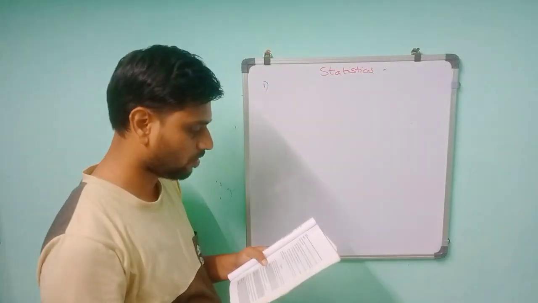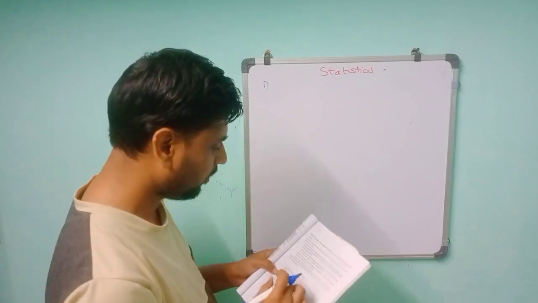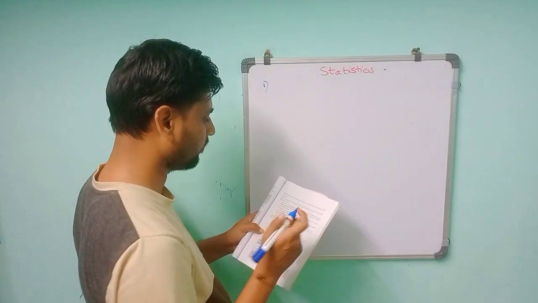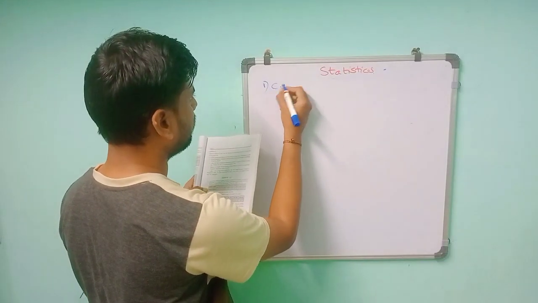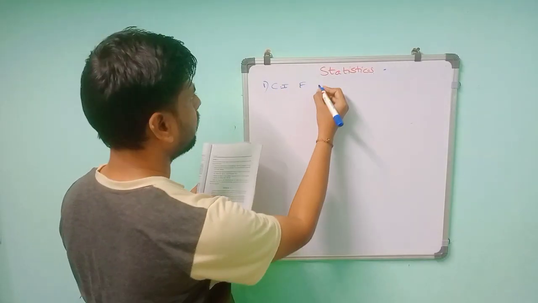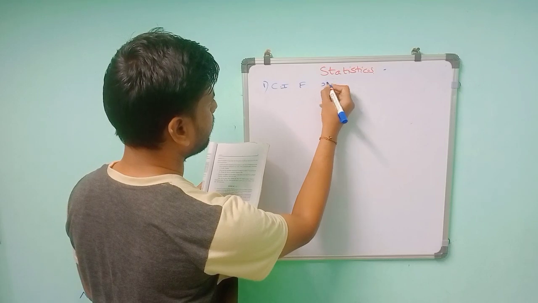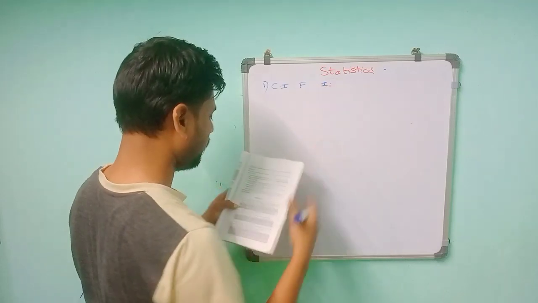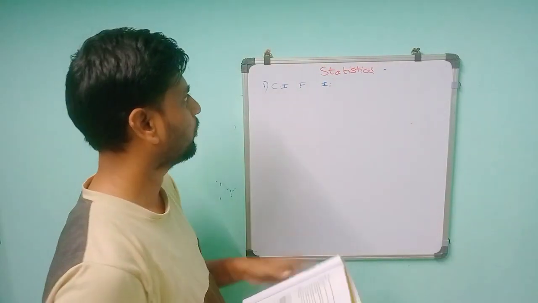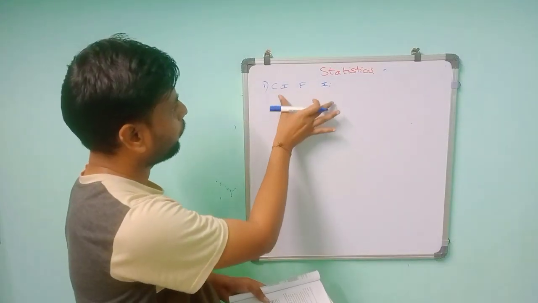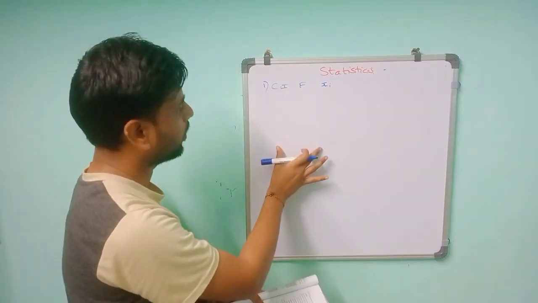A survey was conducted, and if you read it you will understand. You only have to take the number of houses and the number of plants. First is the class interval, then frequency, then xi. For every problem you have to find sigma fi xi for the first method. We have to write the table as it is.